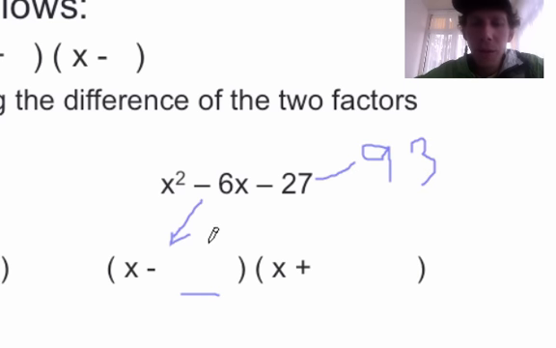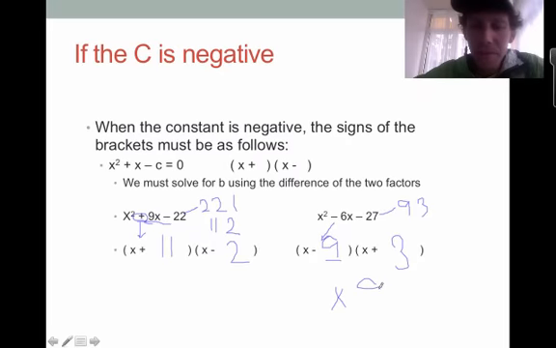So if we put our 9 here, because it's the larger term, what we get is negative 9x plus 3x equals a negative 6x. And here our x-intercepts, which again is why we're solving for this, are going to be positive 9 or negative 3.